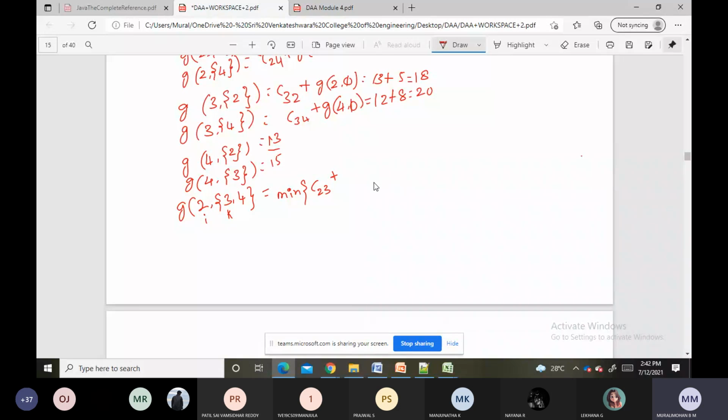We selected k as 3. Then it will be g of k comma the set minus k, that is only 4 we have. Okay. So this is one value we have, right?